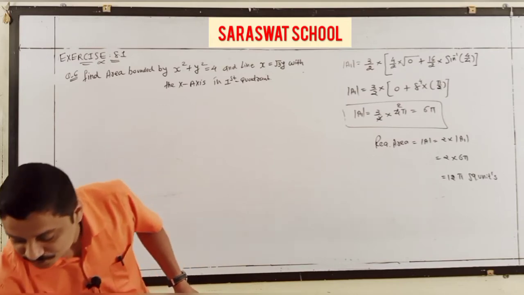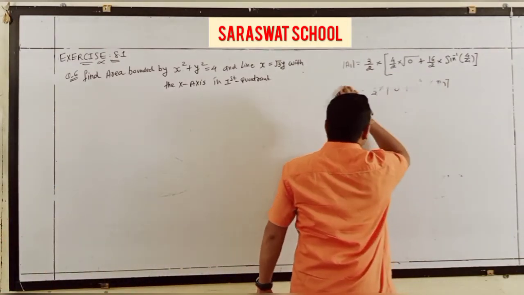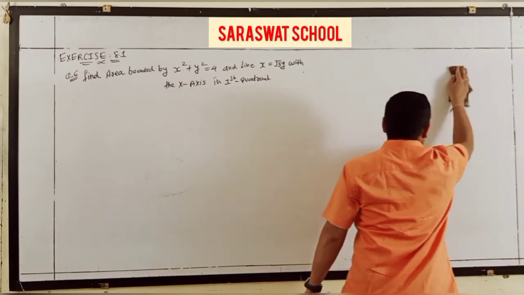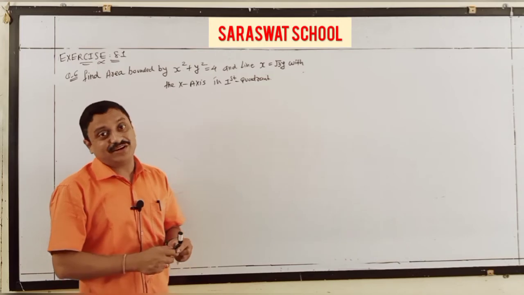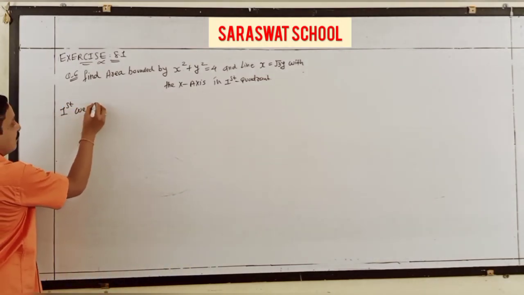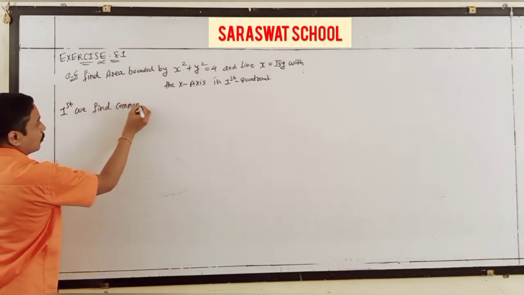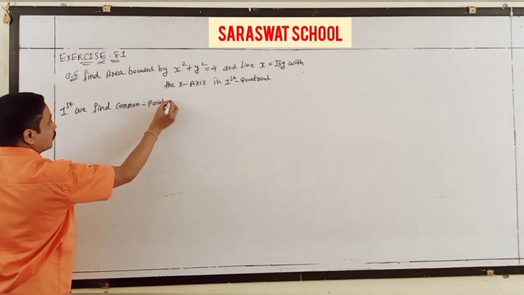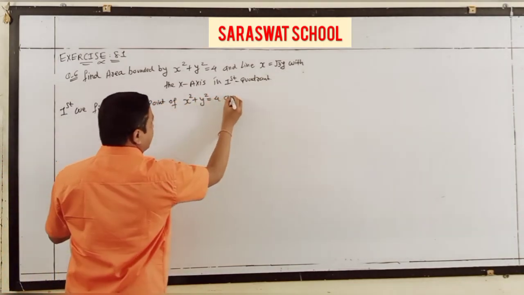Now first of all I will draw the drawing and find out the common points between both. Yes, between the circle and line I first define common points. So mention here, first we find common points of the curve and line.